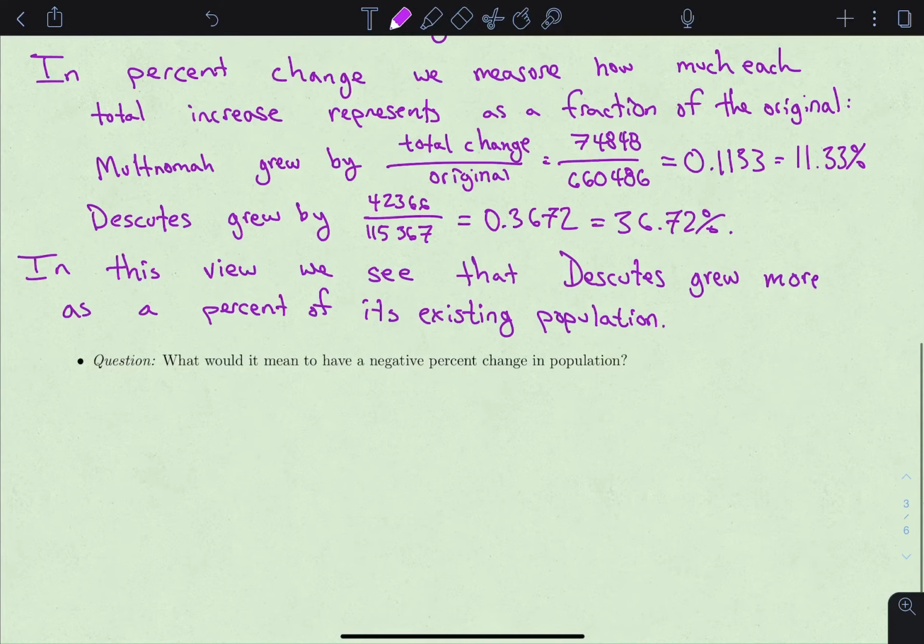So the next question is, what would it mean to have a negative percent change in population? And this is just going to be that when we did the calculation final minus original, we got a negative number. We must have had a decrease in population.